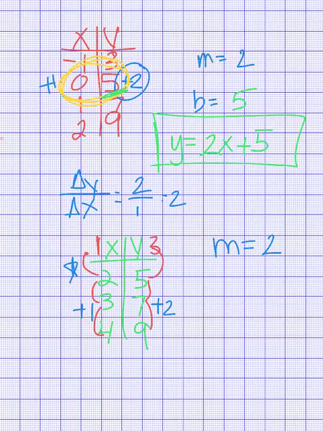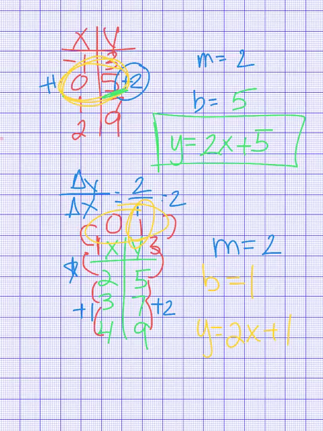I still don't have my y-intercept, so we can work backwards again. 1 minus 1 is 0. That's what I'm looking for, where x is 0. And 3 minus 2 is 1. So this ends up being my y-intercept right here, most importantly the 1. So b equals 1. Now I could write my equation: y equals 2x plus 1.